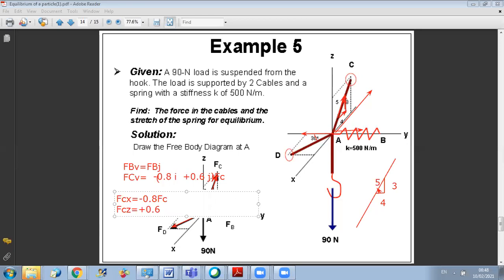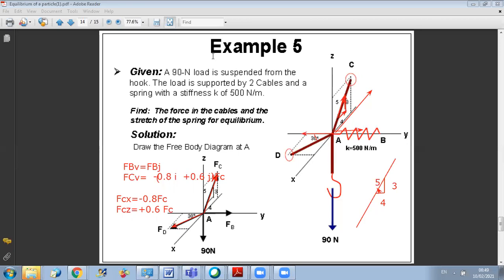Now, I move to the second force, the force in cable AD. For the force in cable AD, I just know the angle. Since the angle with Y is 30, when I project on Y, I do FD cosine 30.